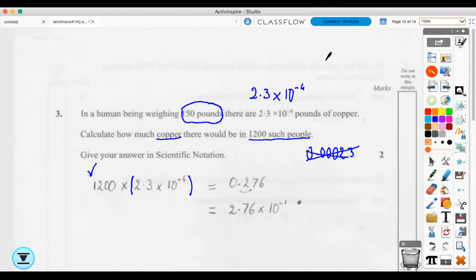This is a calculator question. Get your calculator out. Type 1,200 times 2.3 times 10 to the minus 4, or use the multiply by 10^x button. Whatever way you want to do it, it takes you 5 seconds to enter it and get your answer straight away.